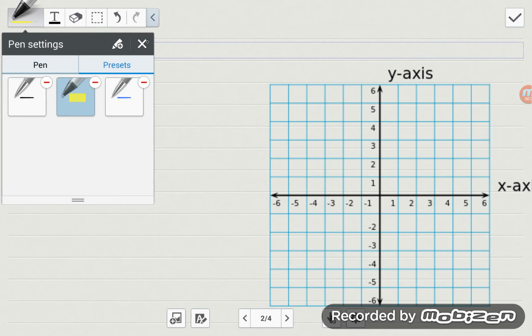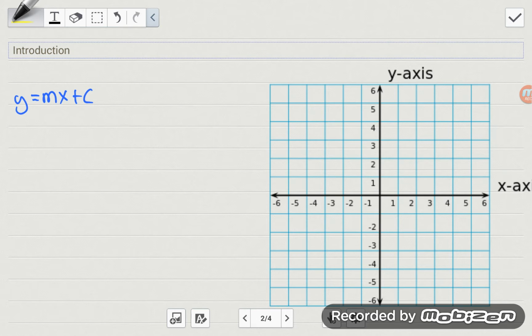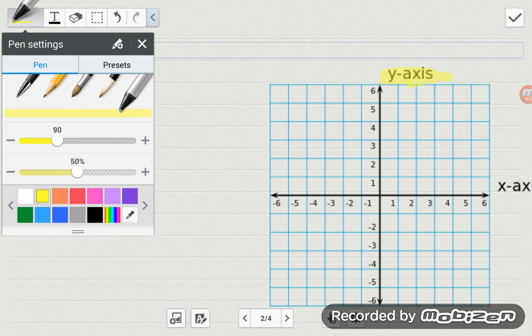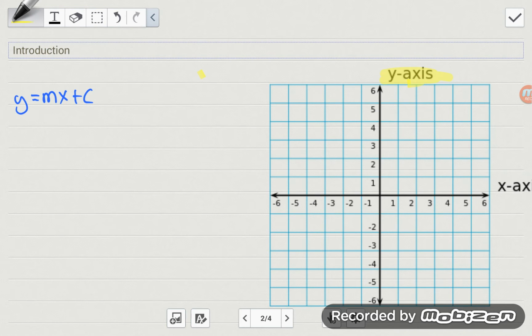The y in this equation means the y-axis, which is the vertical line in the Cartesian plane. The m is the steepness of the line, the gradient, and the x is the horizontal line in the equation.